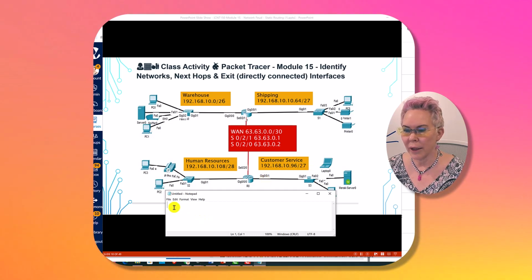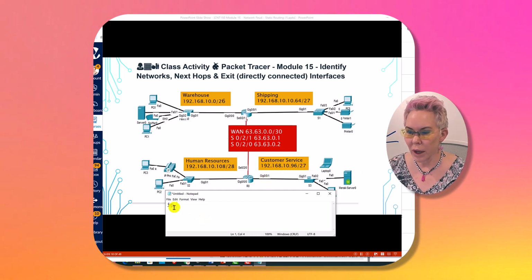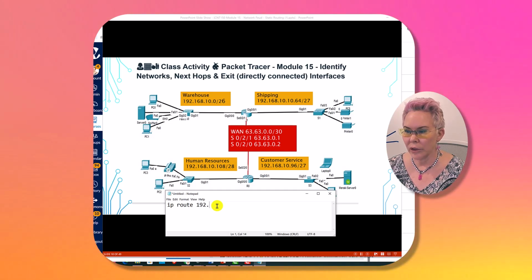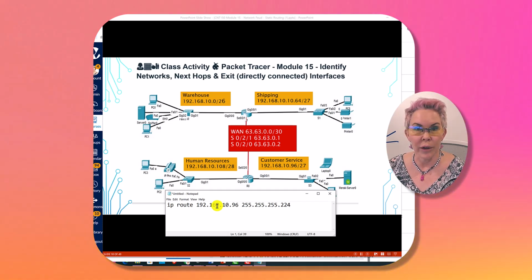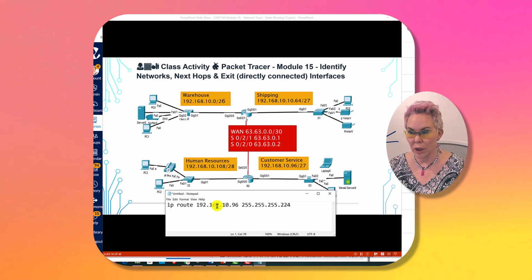I would write it like this. IP route, and then what is the destination? This router needs to get a packet from here to this network. So the destination network is 192.168.10.96. The destination subnet mask is 255.255.255.224.